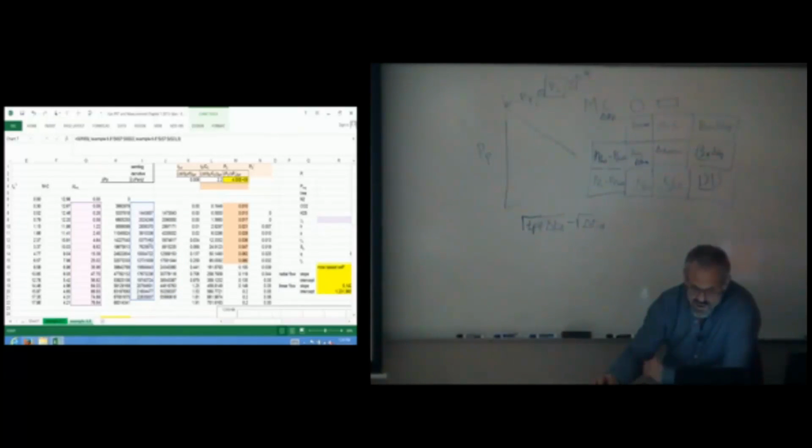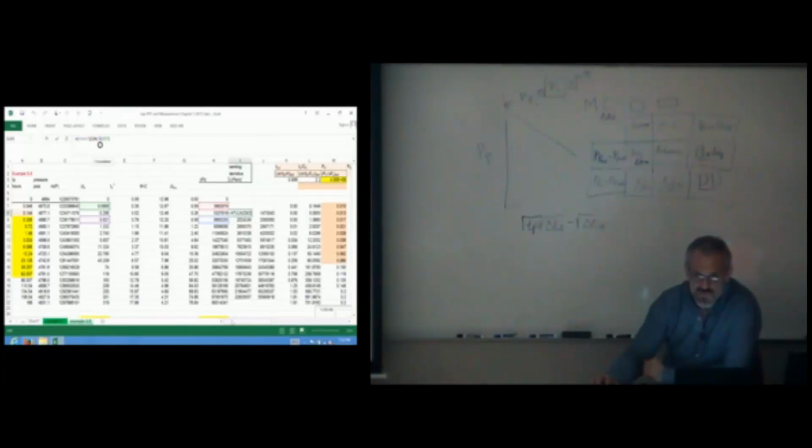I said I don't like that because that's a drawdown derivative. I'm going to move it back to the right derivative. The drawdown derivative is a function of delta t. The build-up derivative is a function of equivalent time. Okay?